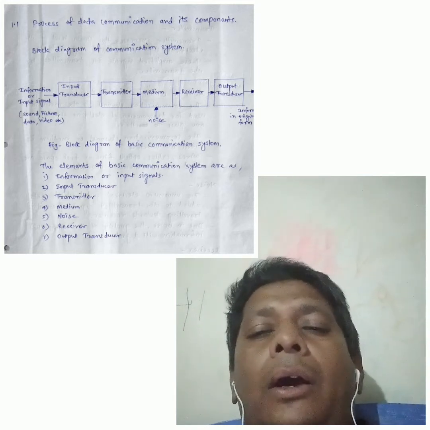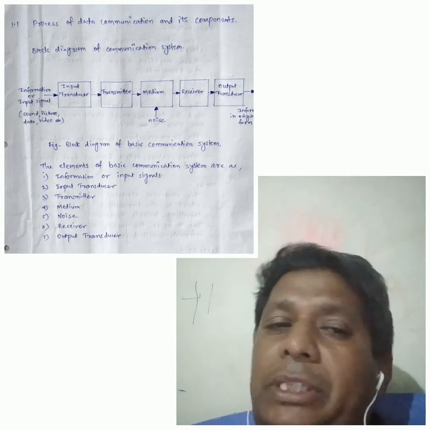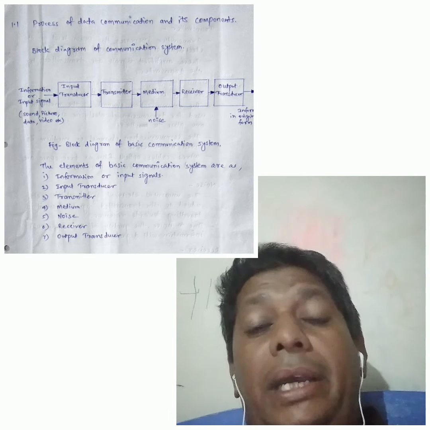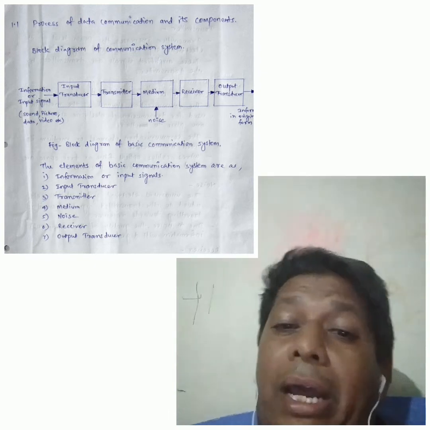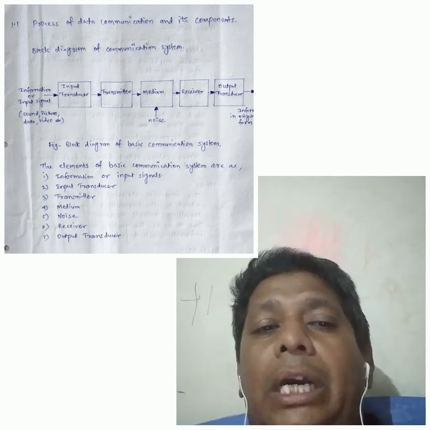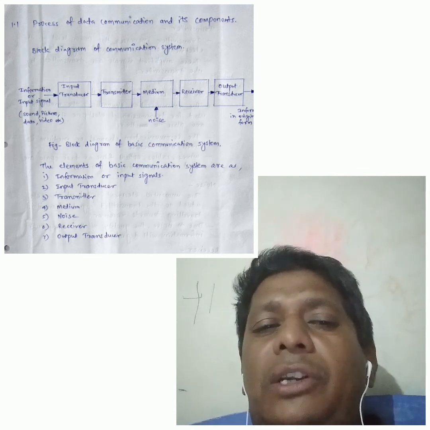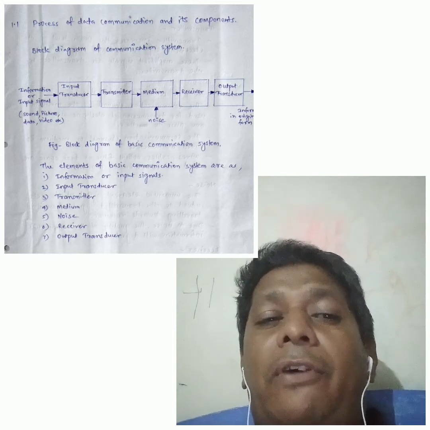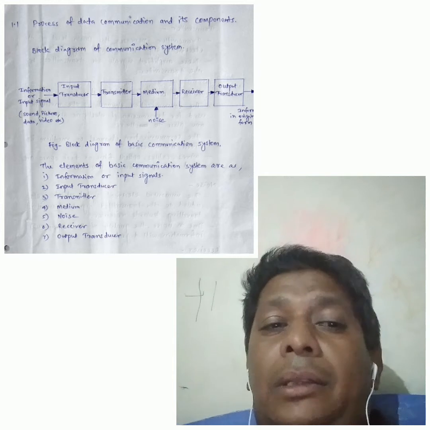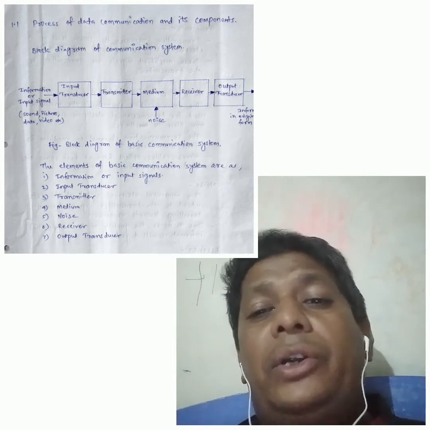Okay. Already we discussed the medium. What is a medium? Medium is also called a communication channel. The medium may be wired or wireless, depending on the use. The communication channel is the medium used for transmission of an electrical signal from one place to another.